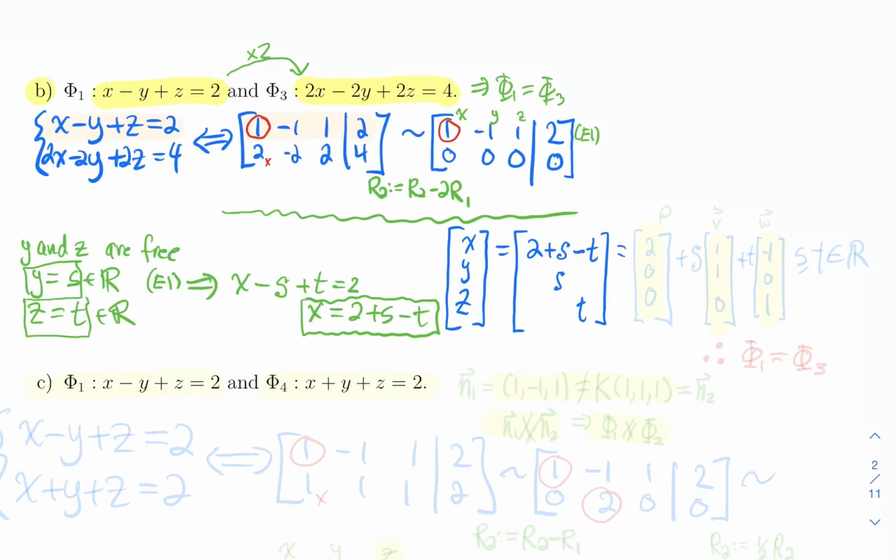If you break this into the canonical form, you get (2, 0, 0) plus s times (1, 1, 0), and plus t times (-1, 0, 1), where s and t are real numbers.